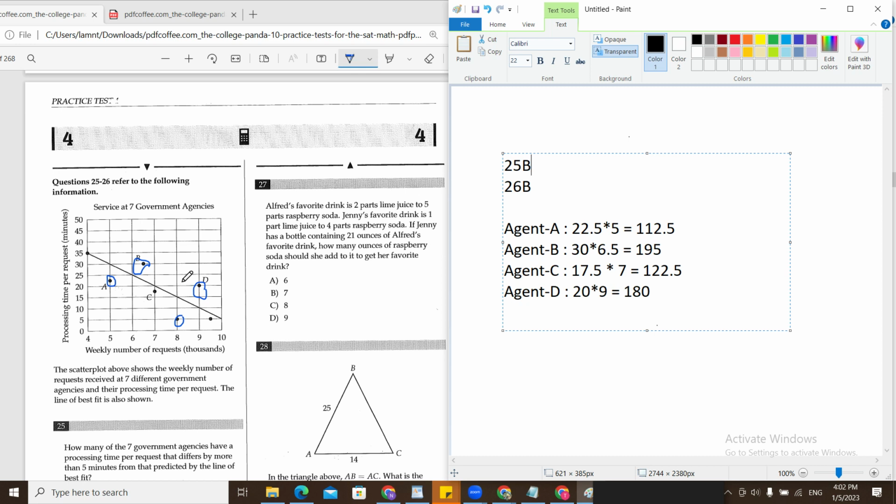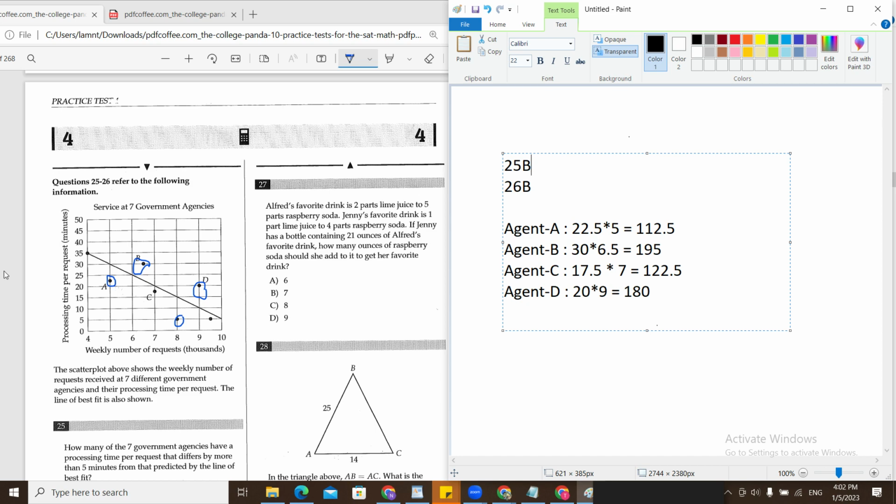Jenny's favorite drink is 1 part lemon juice to 4 parts raspberry soda. If Jenny has a bottle containing 21 ounces of Fred's favorite drink, how many ounces of raspberry soda should she add to it to get her favorite drink?